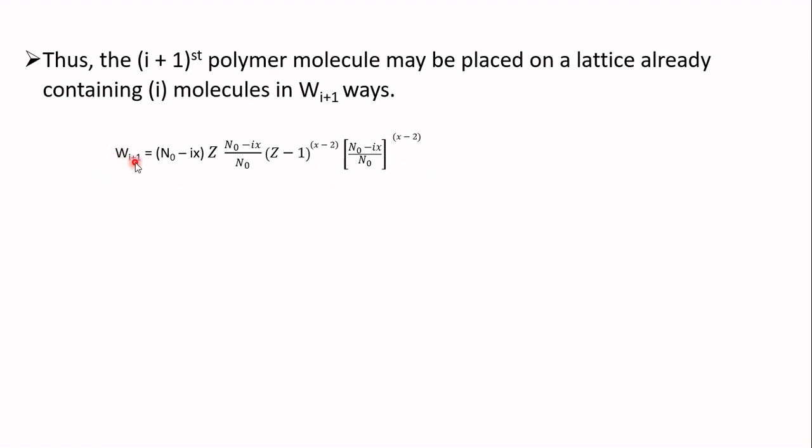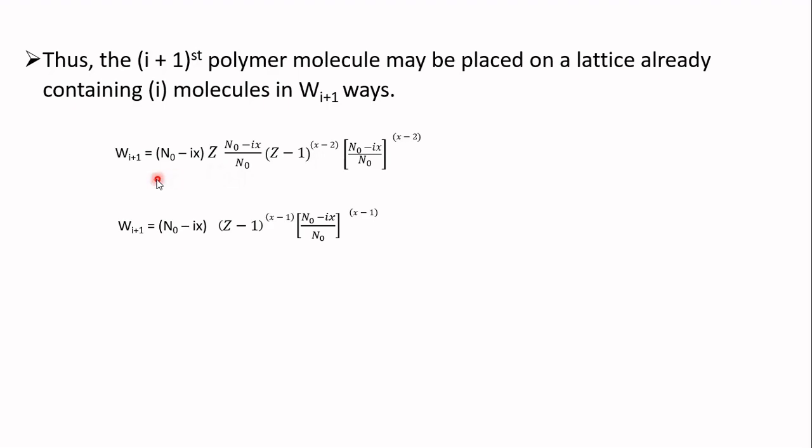So W i plus 1 will be equal to, see, this is the probability of adding the first segment of the i plus first polymeric molecule. This is for the second segment, and this term is for the third and remaining segments of a polymeric chain.